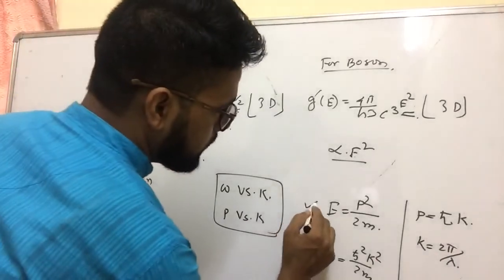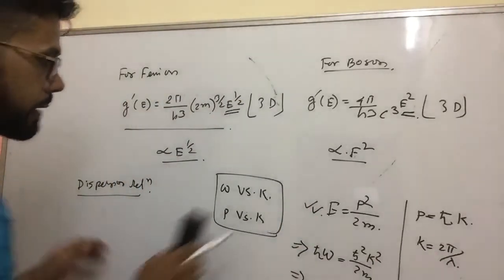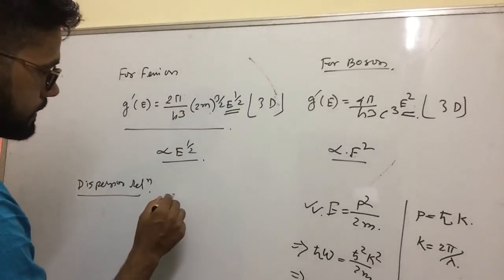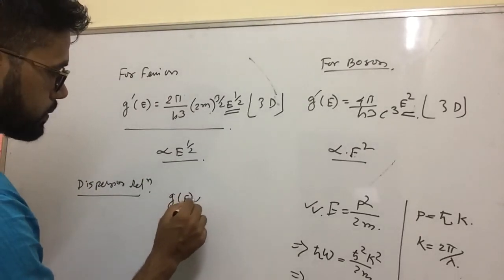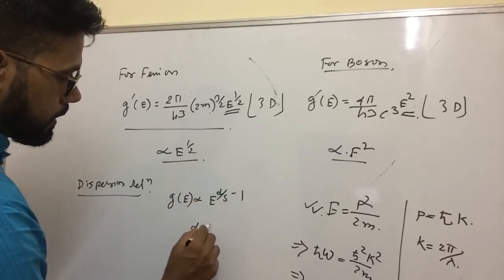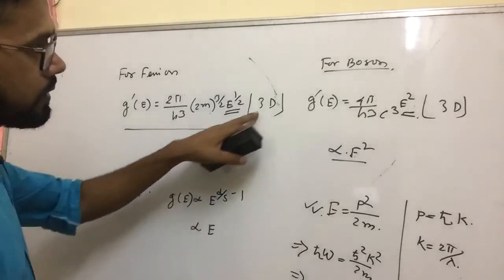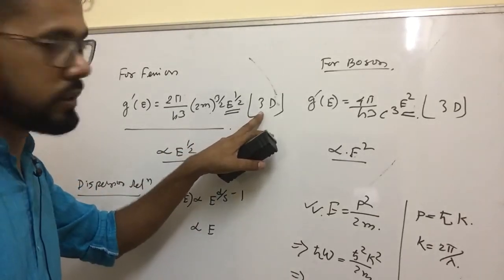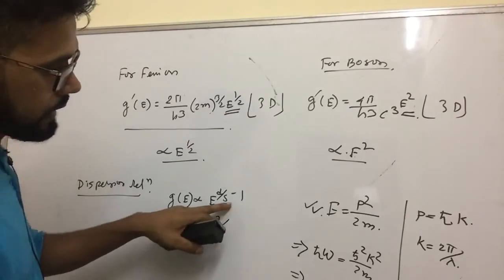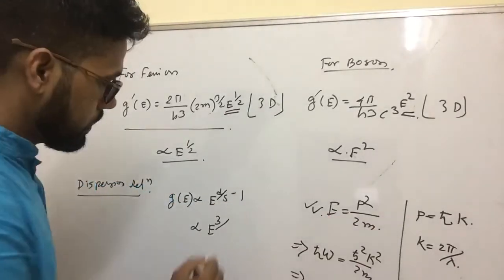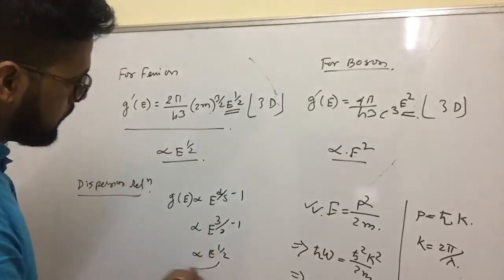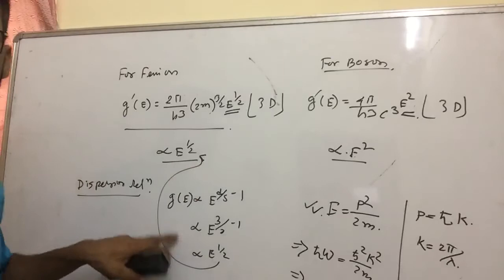That is case 1, for fermion. We can verify right now: the general formula is G proportional to E to the power d by S minus 1, where D is the dimension, valid for 3 dimensions. D is 3 and S is 2, so 3 by 2 minus 1 gives E to the half. It is verified.